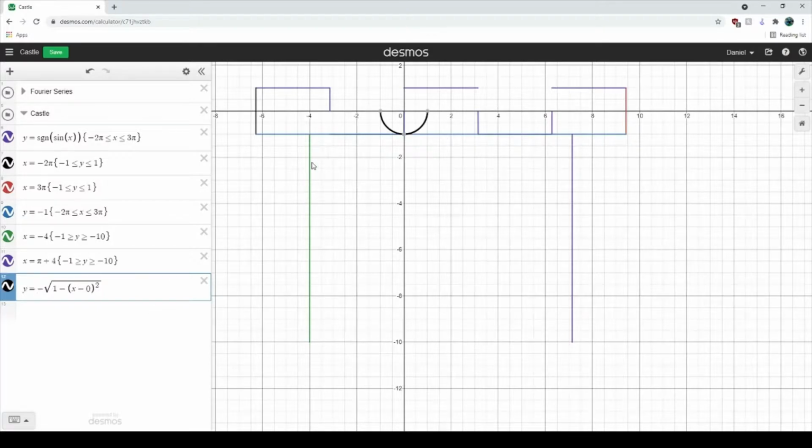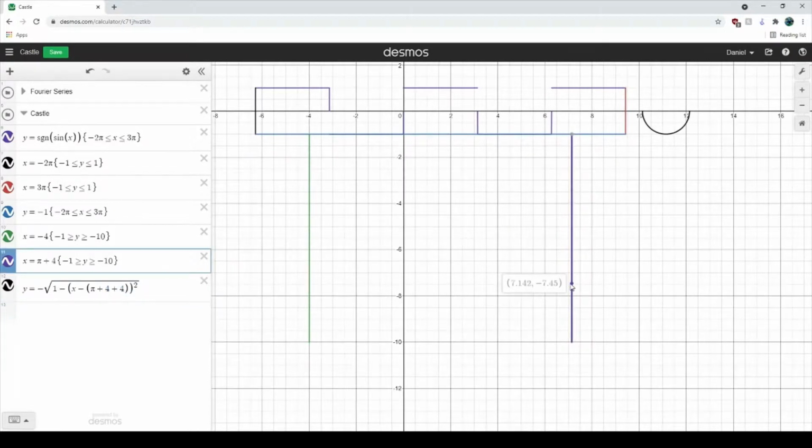The way you find the center is you want the average of -4 and this value here. So the average of that is, this is pi plus 4. And we want to minus -4, so that's plus 4. Make the math easier.